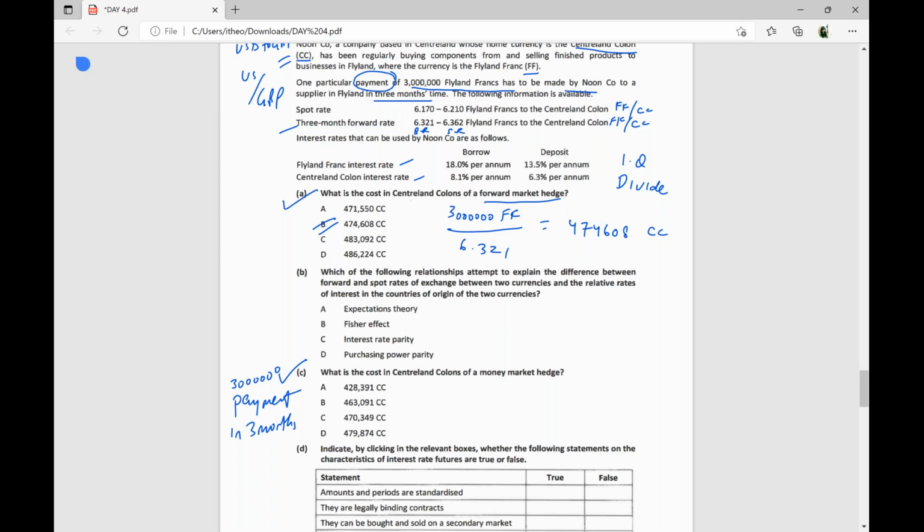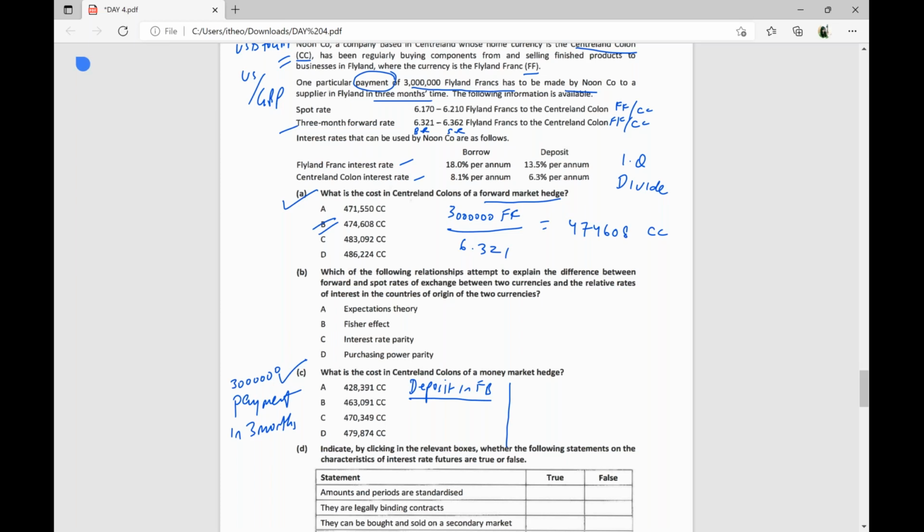Now in a money market hedge, when it's a payment, it states deposit money in a foreign bank. If it was a receipt, remember, borrow from a foreign bank. It's a payment, so deposit in a foreign bank. How much do you have to pay? 3 million FF.